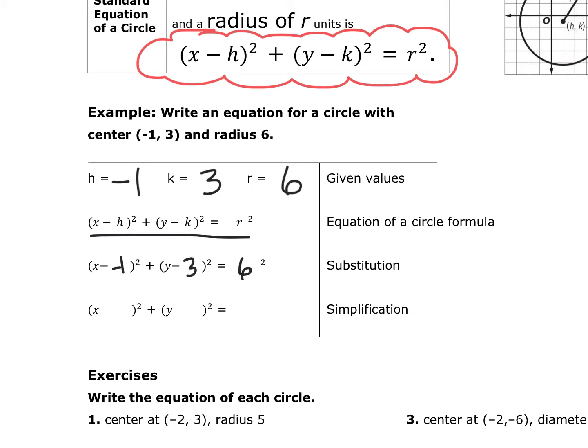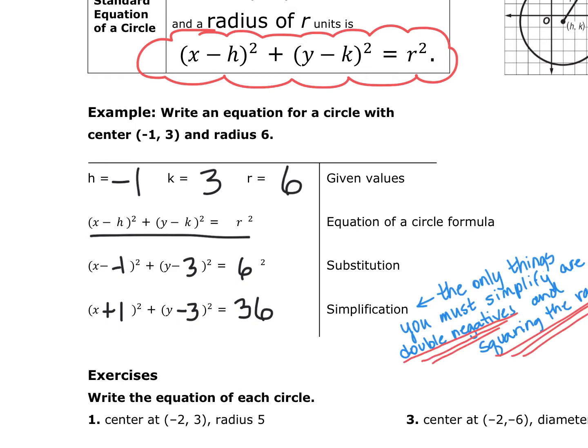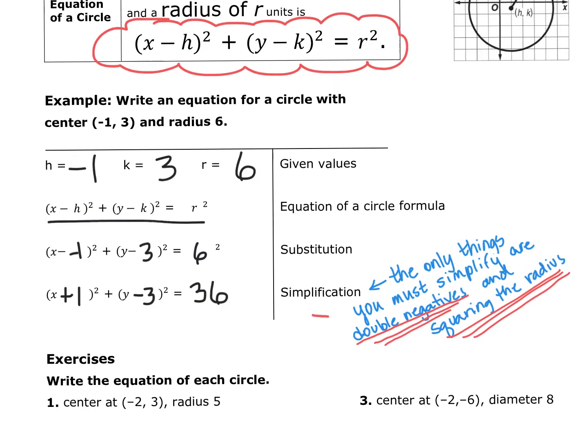And so now we simplify, turning our double negative into a +1, our y − 3, and we'll square the 6. When we simplify, the only things we need to simplify are our double negatives and squaring the radius.